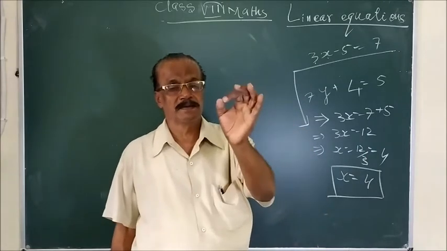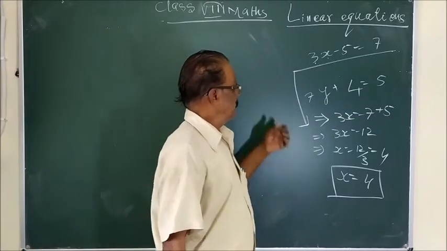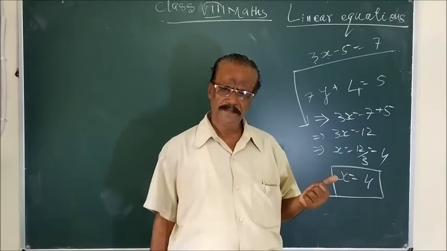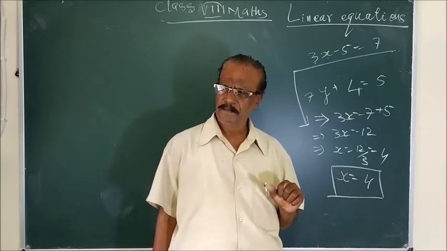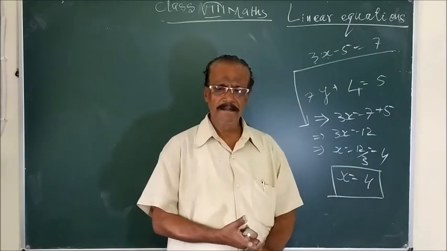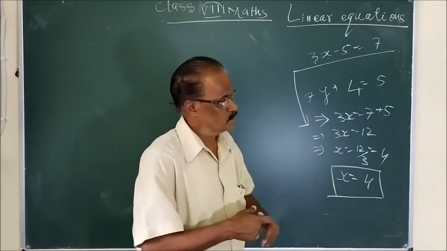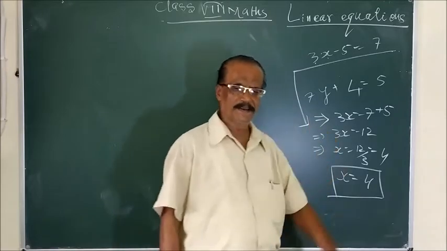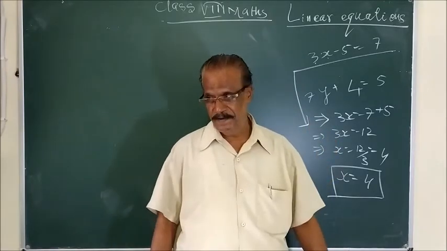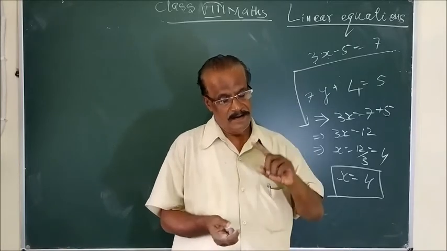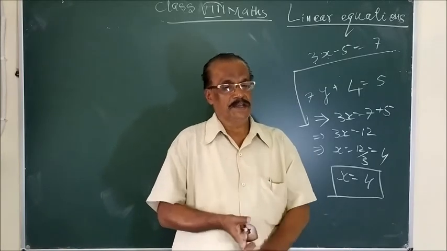Equation remains unchanged. If we multiply both sides of the given equation by the same number, the result does not change. And if we divide both sides by the same number, the result remains unchanged.